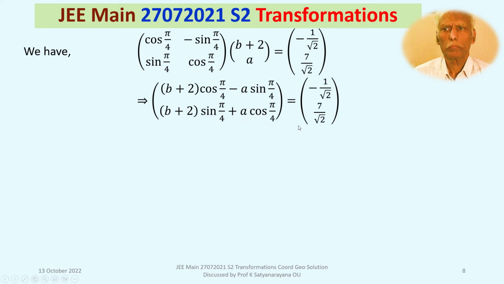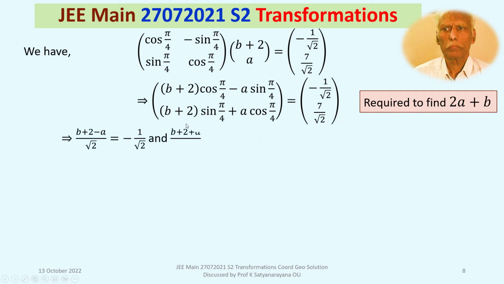Equating the corresponding terms, and we want to find 2a + b, we get (b + 2 minus a) by root 2 equals minus 1 by root 2. Why? Cos pi by 4 is 1 by root 2, sin pi by 4 is 1 by root 2. And on the second one, (b + 2 + a) by root 2 is equal to 7 by root 2.